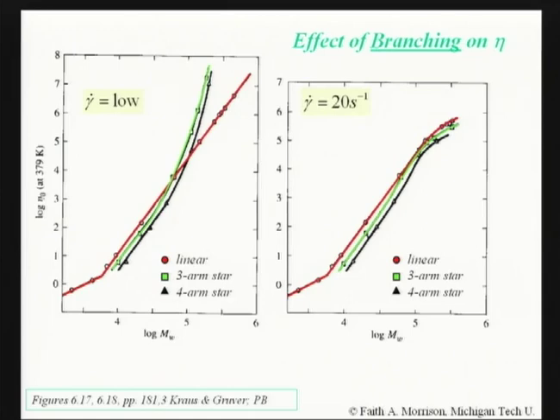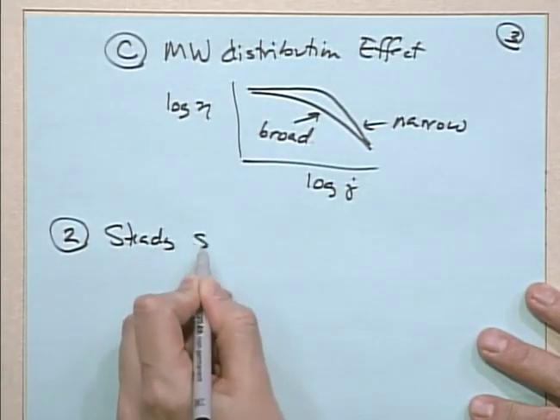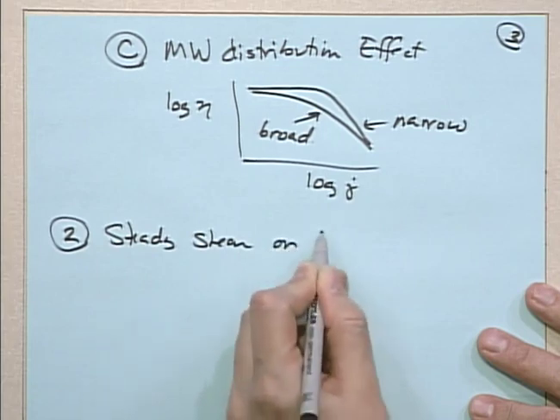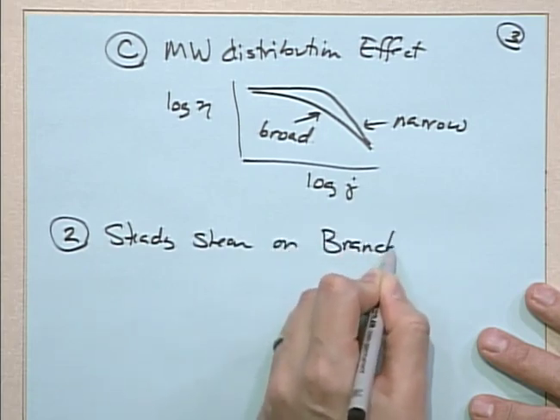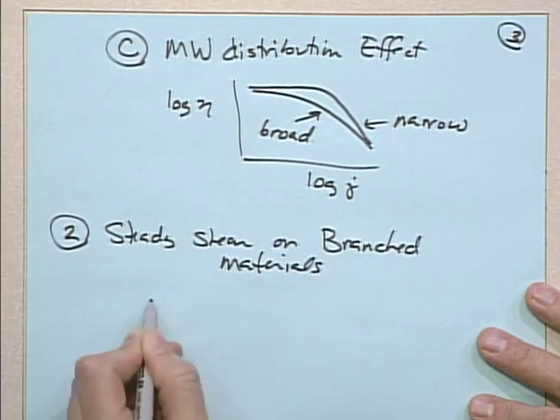So the only thing I want to summarize from that is that it's complex. So this is item 2, steady shear on branched materials. So a couple of points.